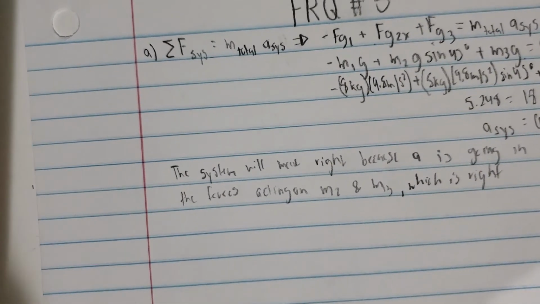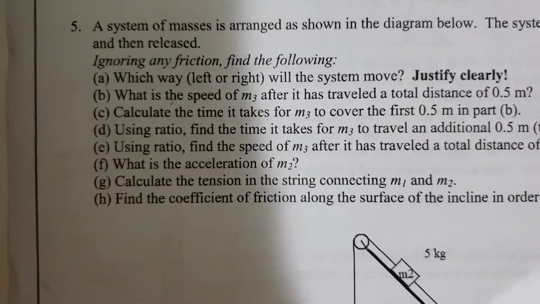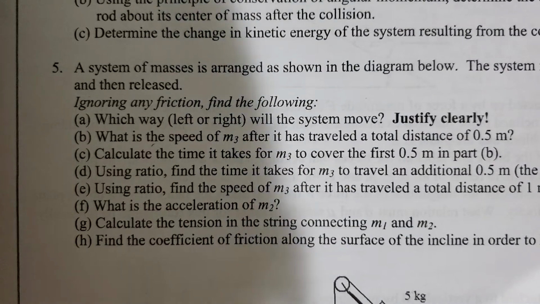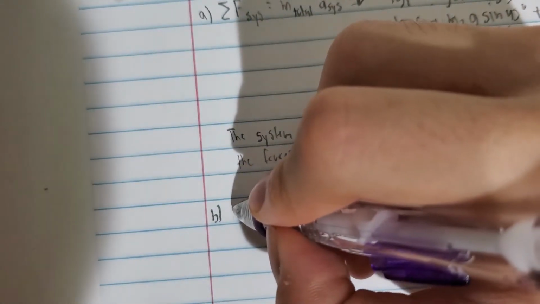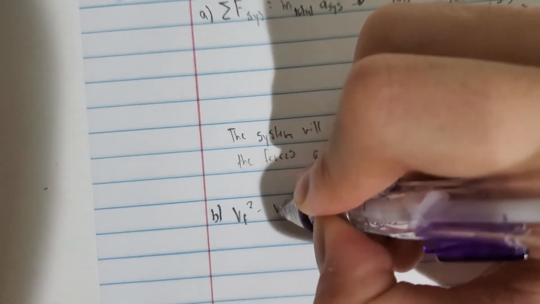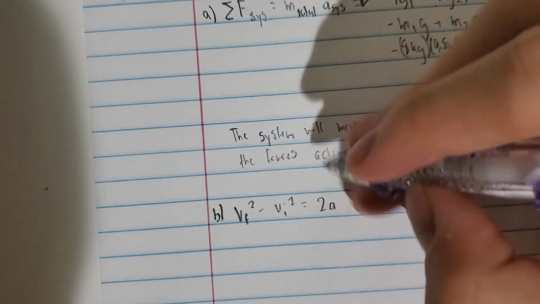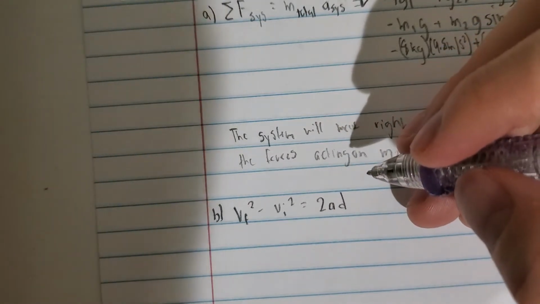Okay, so now part B, we are asked to find the speed of M3 after it has traveled a total distance of 0.5 meters. To do that, I'm going to use a kinematic equation. It is this: Vf squared minus Vi squared is equal to 2 times the acceleration times the distance traveled.